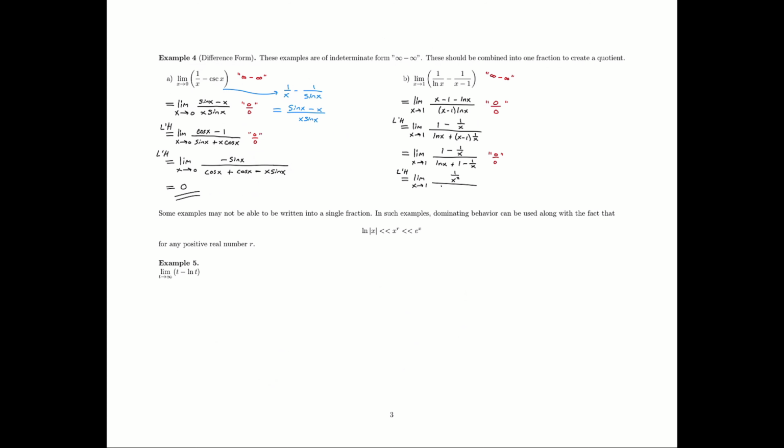And this would be 1 over x plus 1 over x squared. And now, if we plug in x equals 1, we have, let's see, this is going to be 1 over 2. So this is going to be a half.